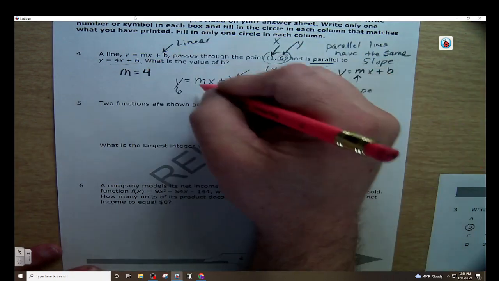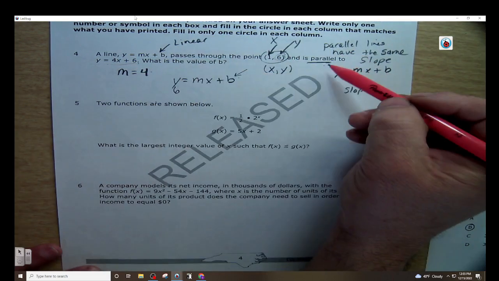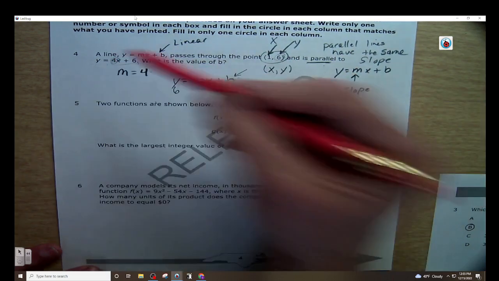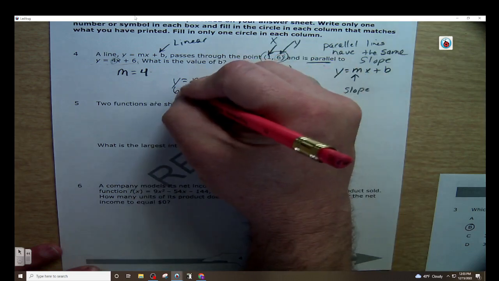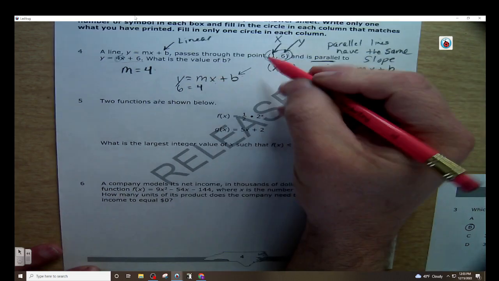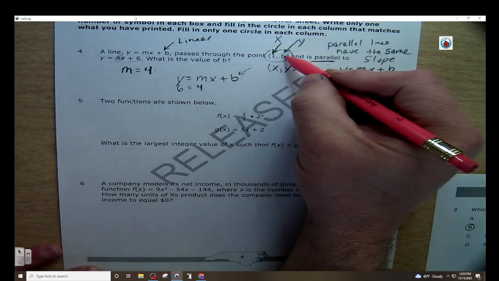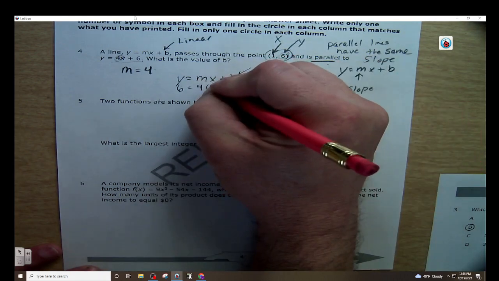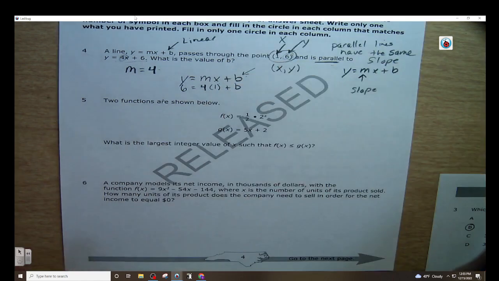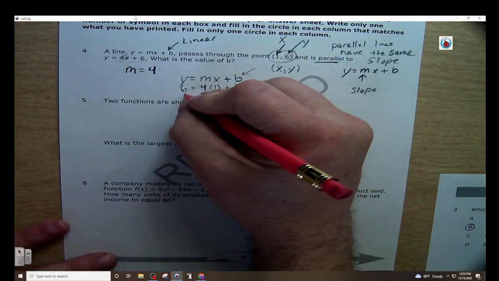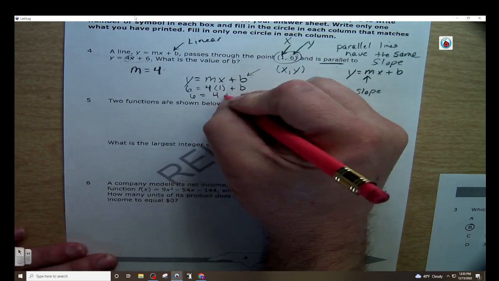All right. M, remember I got this 4 because of parallel slope. That means it's the same slope. Equals 4. Now, the x is going to come from this 1 that they gave you up here. That coordinate 1, 6, that's the x value, plus b. All right. Now, if we clean this up, that's 6 equals 4 plus b.